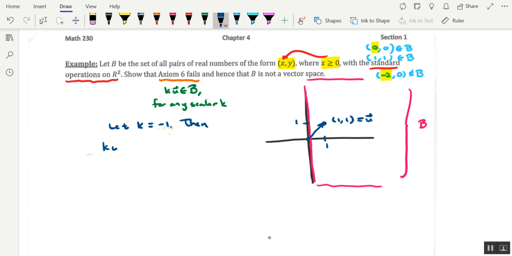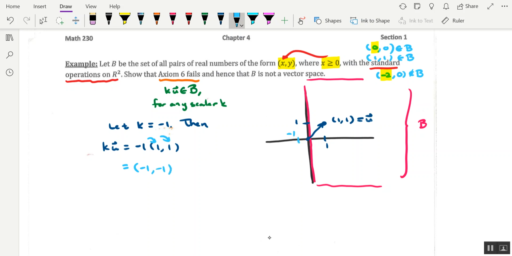Then ku would equal negative 1 times 1, 1. And remember, we're assuming the usual or the standard operations on R2. So the operation of scalar multiplication, which we have set up here, would tell me to distribute the negative 1 into the components here. So we'd have negative 1, negative 1.